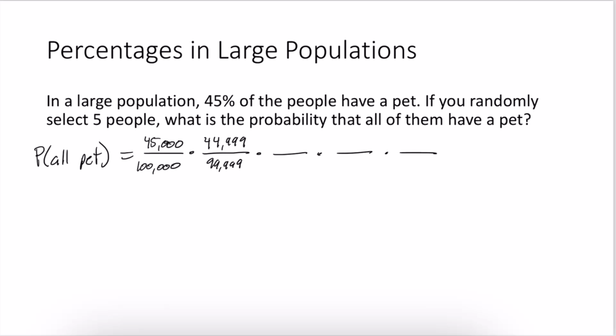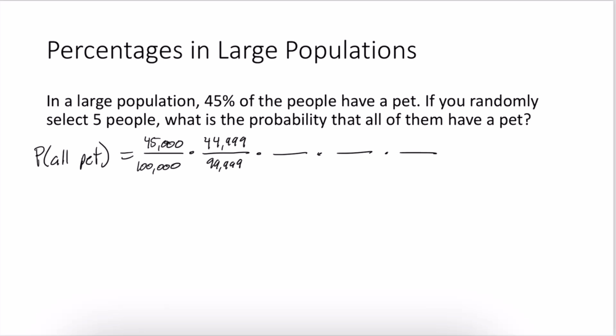And so when you round that decimal to 4 significant figures, like I've asked you to do, it's basically just 45%. And that's a good thing because I wasn't told that I have 100,000 people. I might actually have 1,000,000 people, or some random number of people in this large population.